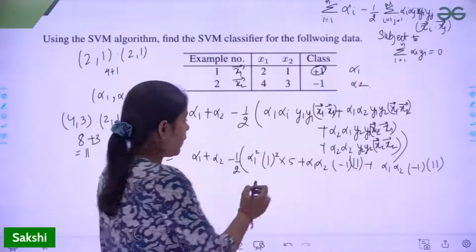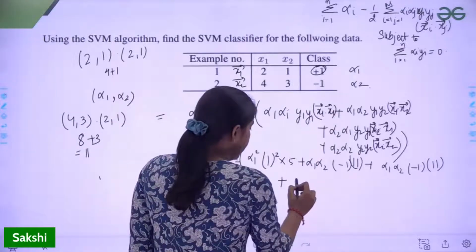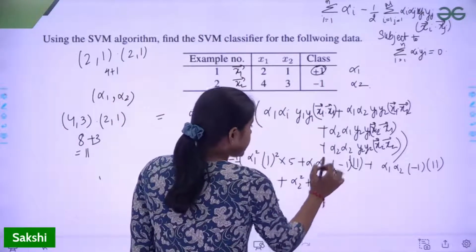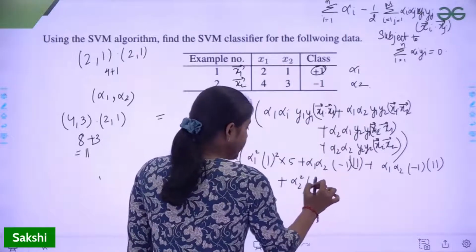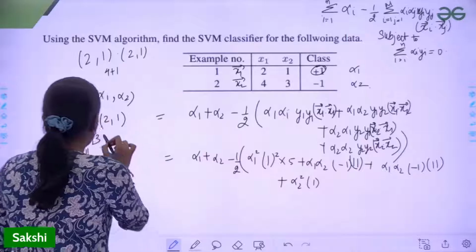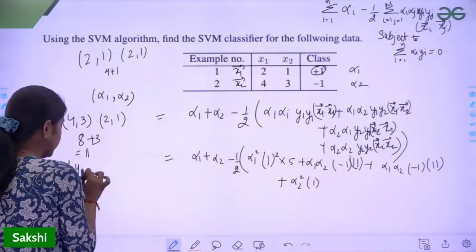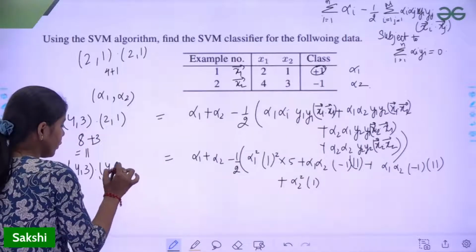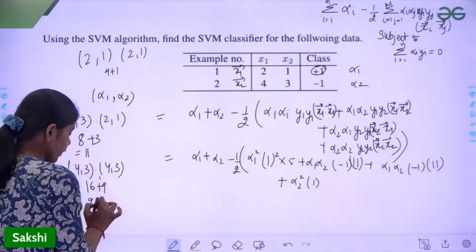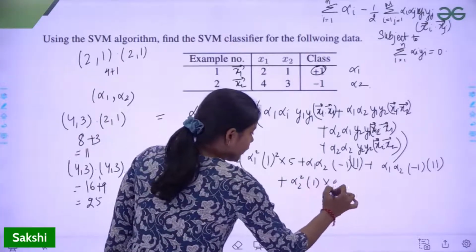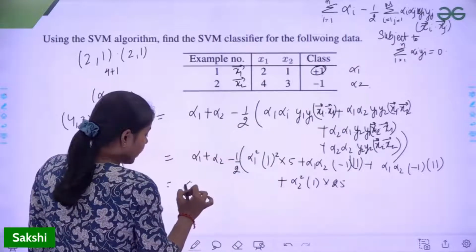Right? Now alpha 2 square plus y2 into y2, that would become 1 because it is minus 1 here, and 4 comma 3 dot 4 comma 3. I have to get the dot product, that would become 16 plus 9, that means 25. So we get this value as 25. So on solving, what would I get from here?